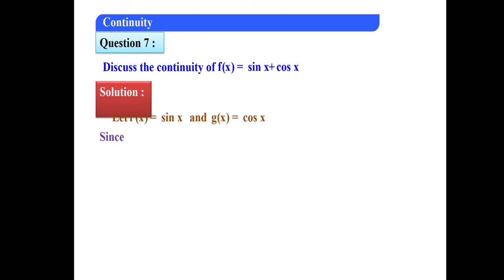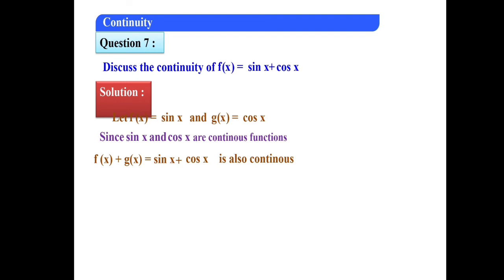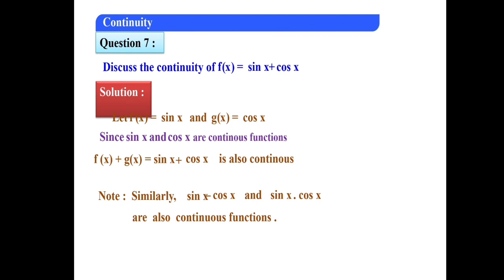As you know, sin x is continuous and cos x is also continuous, so we can say the addition function f of x plus g of x, that is sin x plus cos x, is also continuous. So remember, similarly sin x minus cos x and sin x into cos x are also continuous functions.